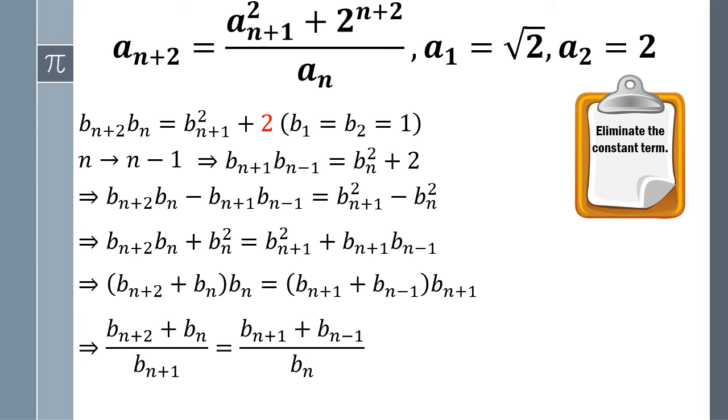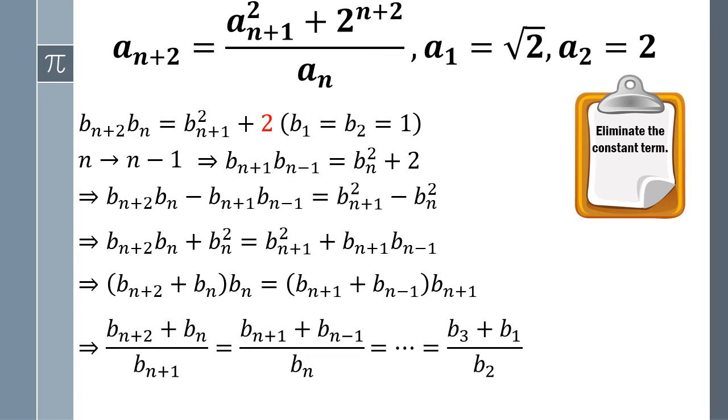Note that the left side and right side of this equation have very similar formats. The only difference is that n+1 changes to n on the right side of this equation. That means such an equal relationship can be passed down up to (b_3 + b_1) over b_2.